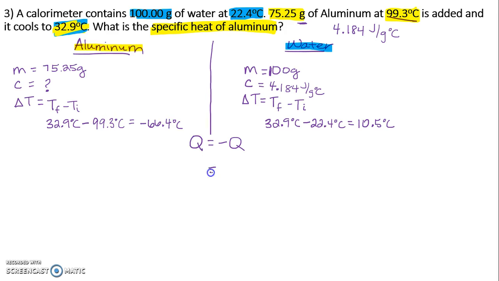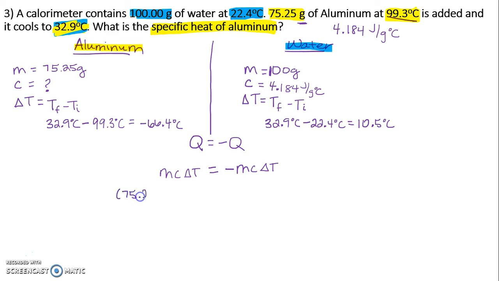I still have this equal sign, and I'm going to bring across that negative. And remember that Q is equal to mc delta T. So I'm just going to plug all of the values I have in.